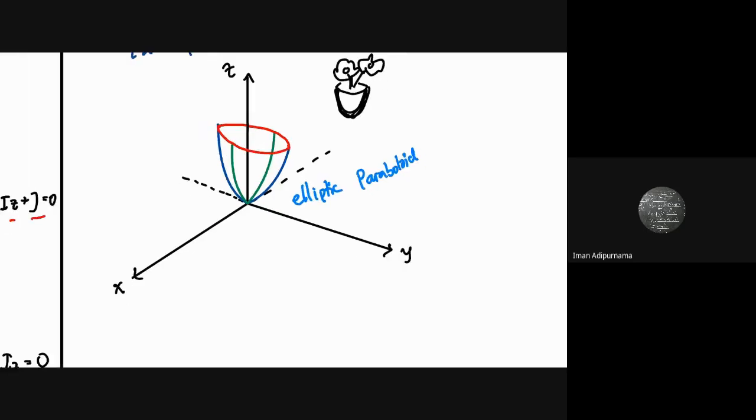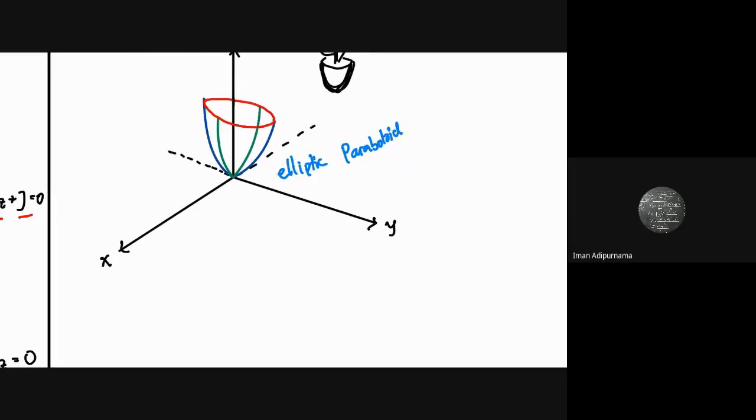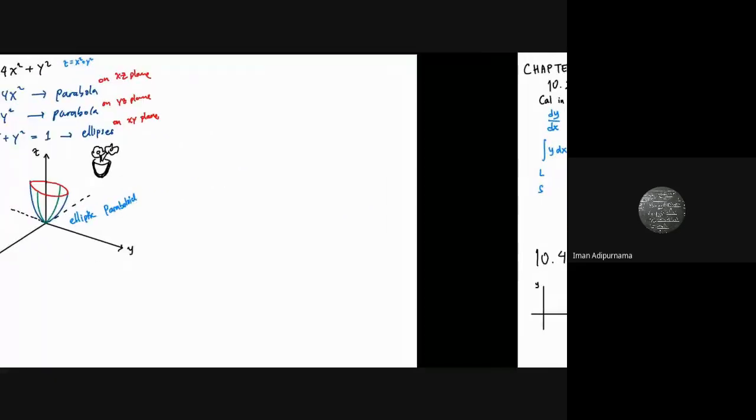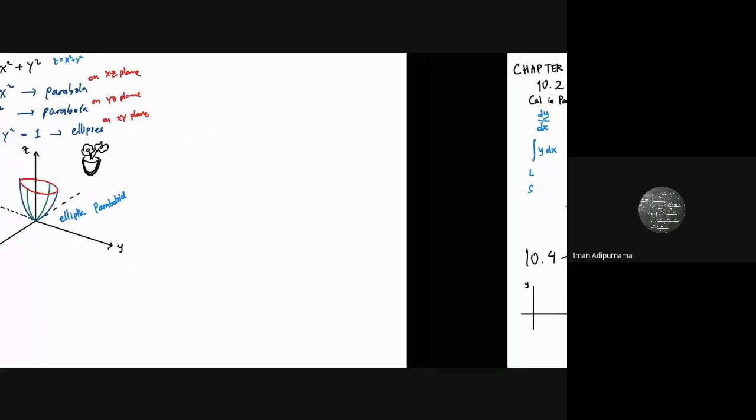Okay, but as you can see, we can draw the elliptic paraboloid just fine. The other example, I think this one is a little bit complicated in drawing, but let's try to draw first.